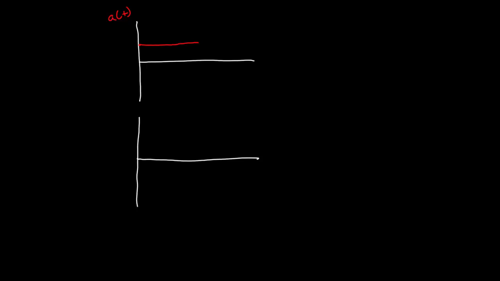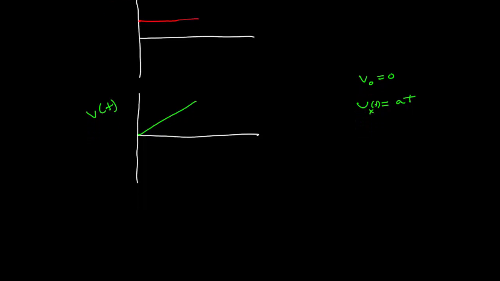So let's say I have some initial velocity equal to 0. Then my velocity function, as a function of time, is equal to a t, so it's some increasing straight line. So this is v of t.